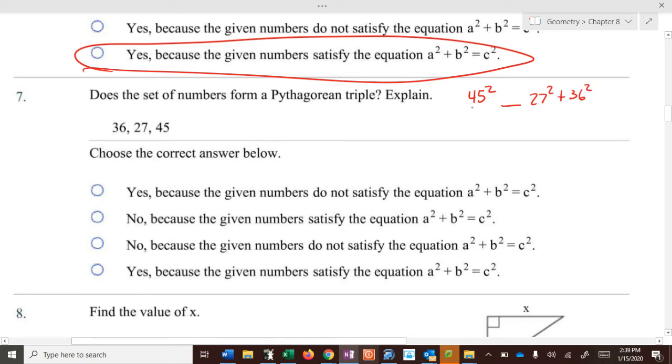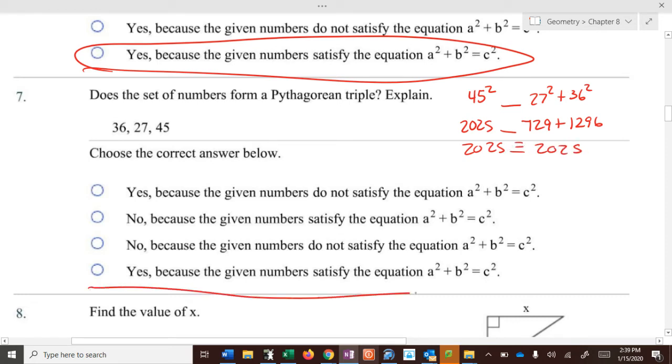Calculator, please. 2025. What's 27 squared? And 36 squared? 1296. If we add them together, we get 2025. They're equal, so yes, it is a Pythagorean triple.